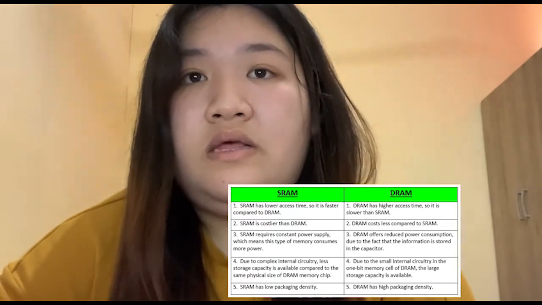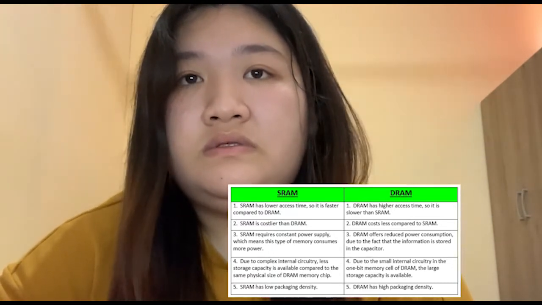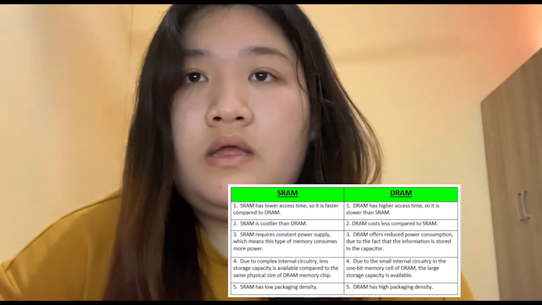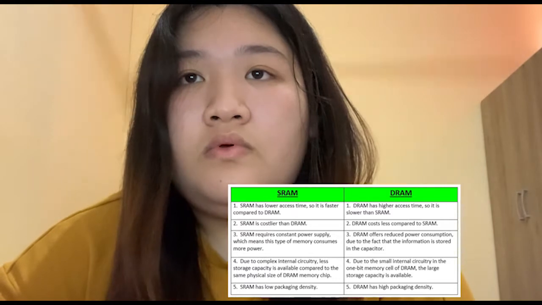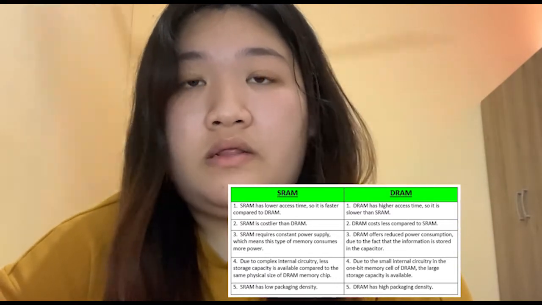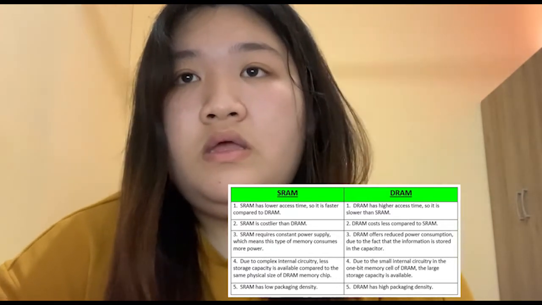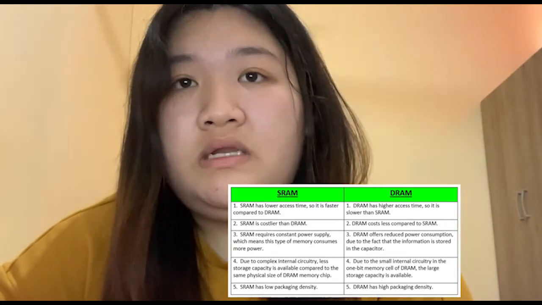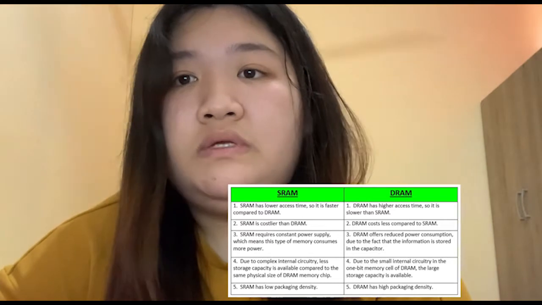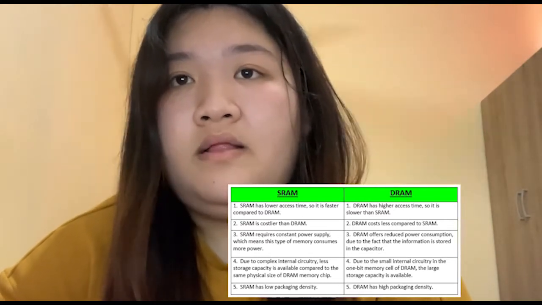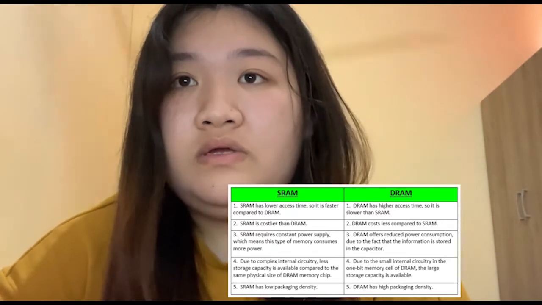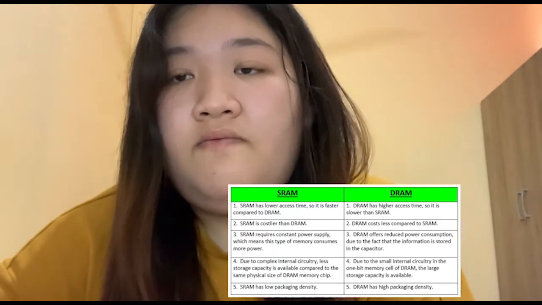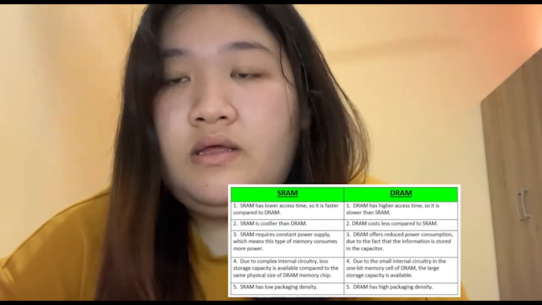Secondly, static RAM costs more than dynamic RAM, and dynamic RAM costs less compared to static RAM. Static RAM requires constant power supply, which means this type of memory consumes more power, while dynamic RAM offers reduced power consumption due to the fact that the information is stored in the capacitor.